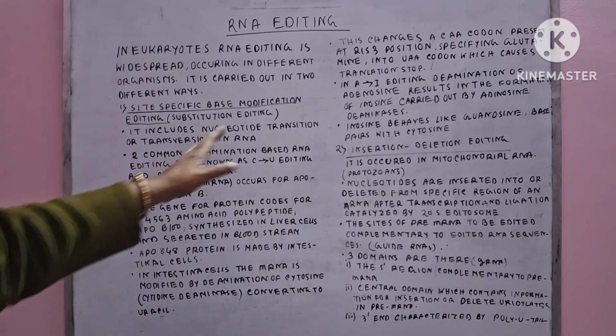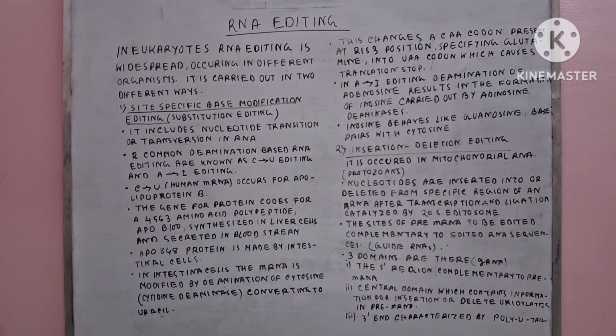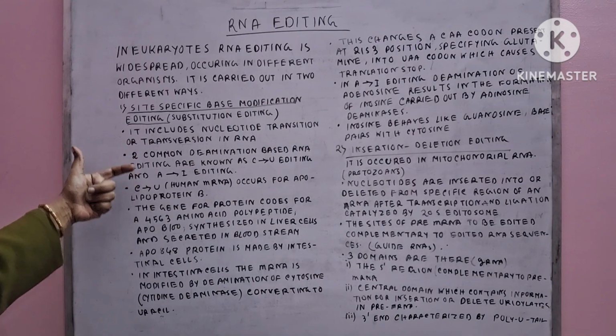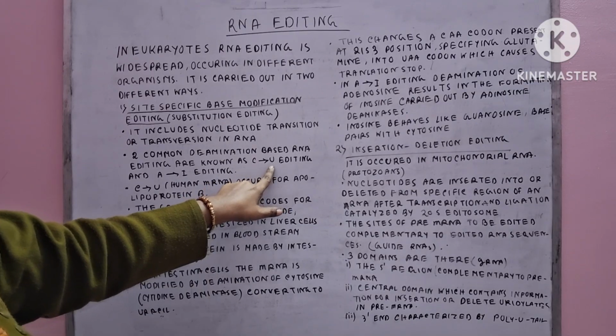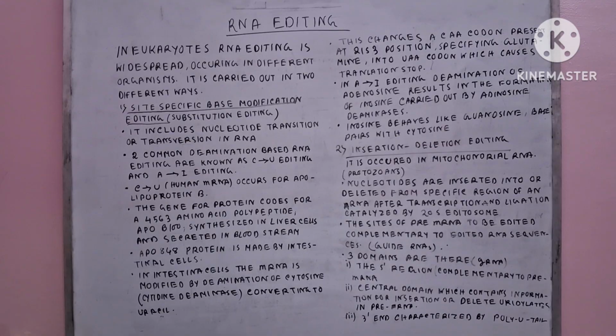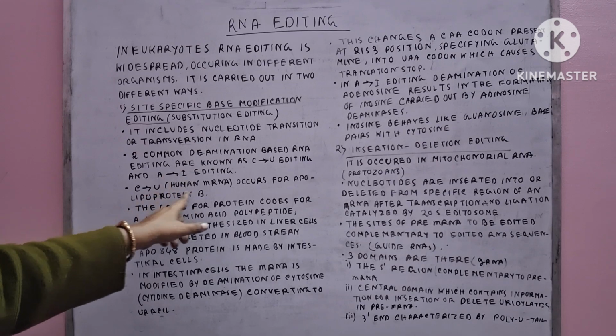Generally, two common types of editing are seen: C to U, U meaning uracil, and another is A to I, that means inosine. I for inosine. This C to U transformation is seen in the human mRNA.